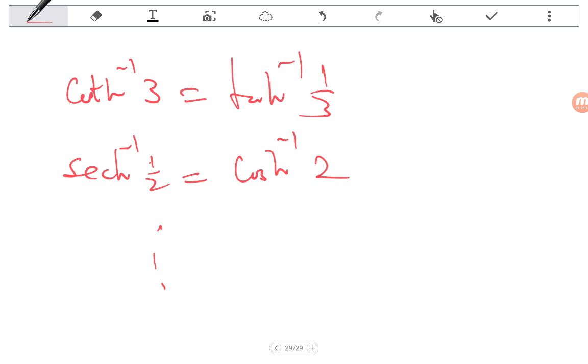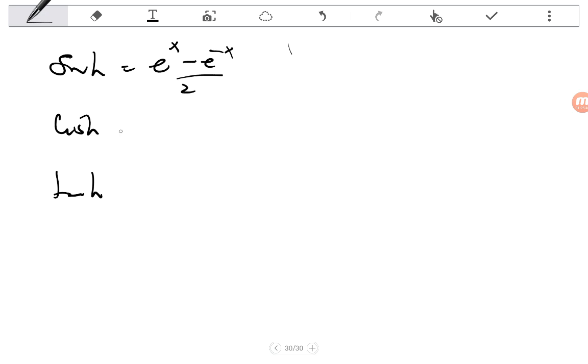Okay. Now, just a note. As the sine and cosine and tangent are written in terms of e, we also have, this is (e^x minus e^(-x)) over 2, and so is this (e^x plus e^(-x)) over 2, and so on.